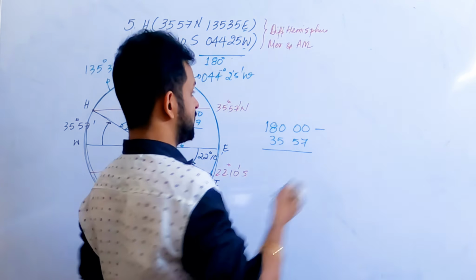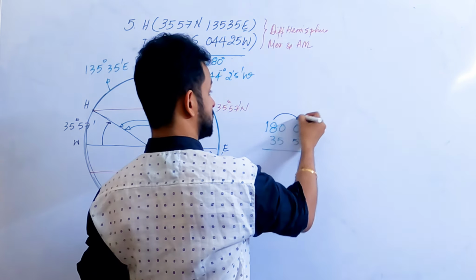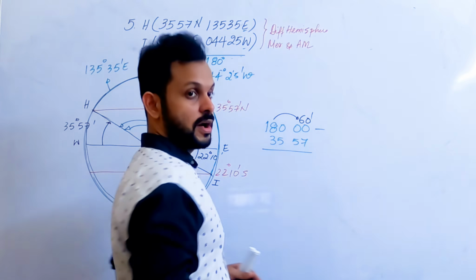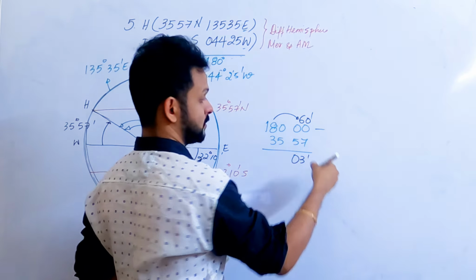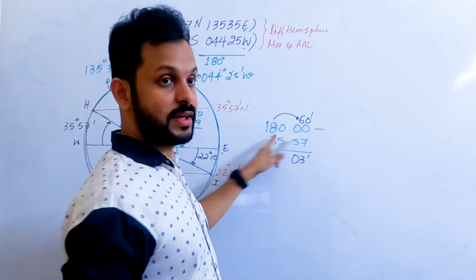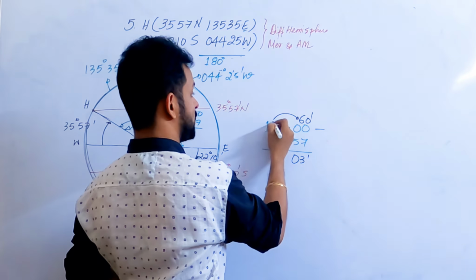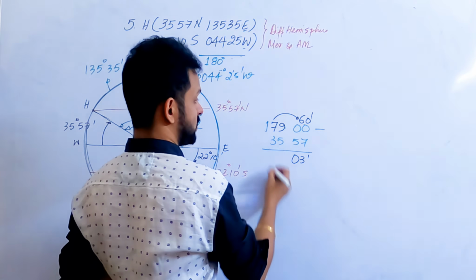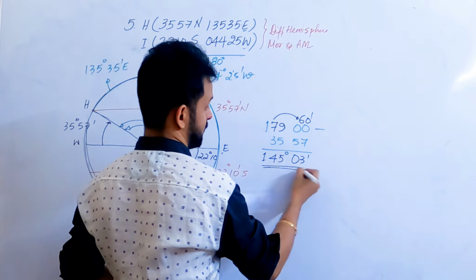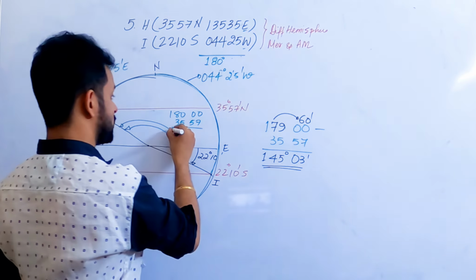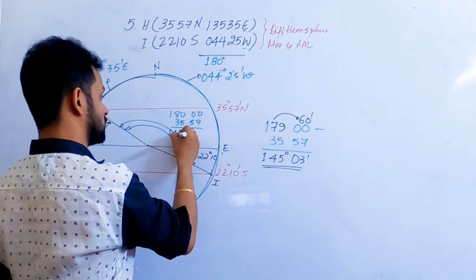So 1 degree taken from here will become 60 minutes. Now it is 60 minus 57, which gives you 3 minutes. Since we took 1 degree out of 180, that becomes 179. And 179 minus 35 is 144 degrees.